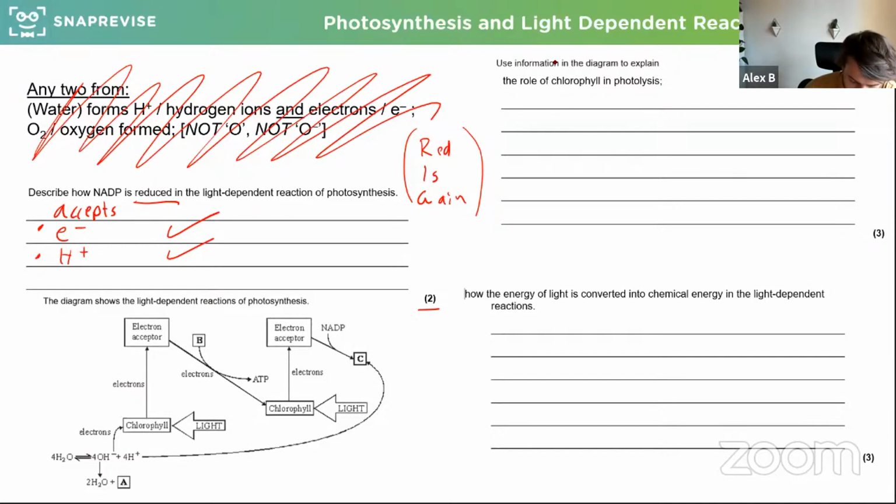Use the information in the diagram to explain the role of chlorophyll in photolysis. So what do we think? What's H plus? It's a hydrogen ion, equals proton.